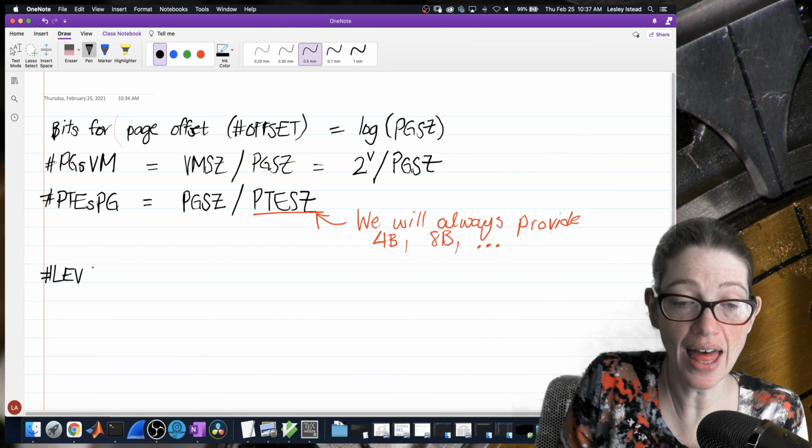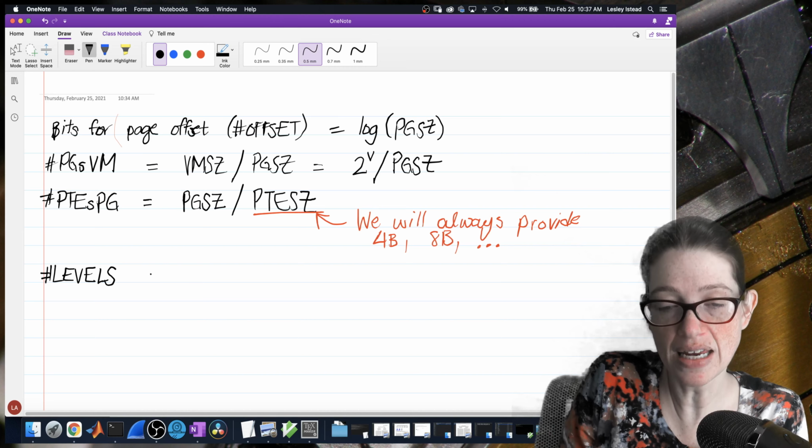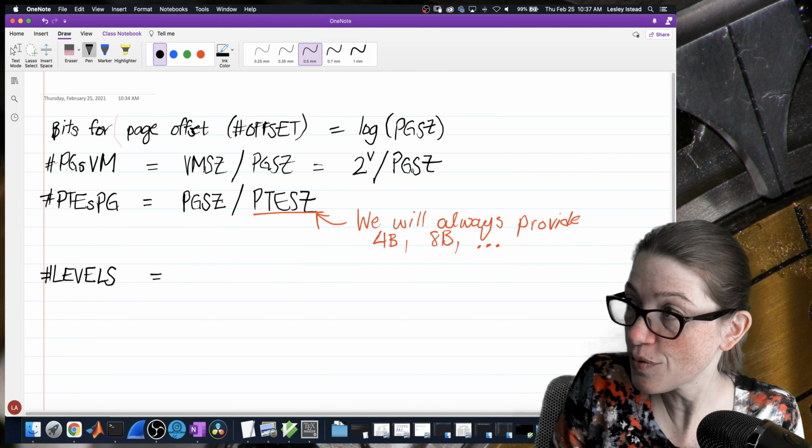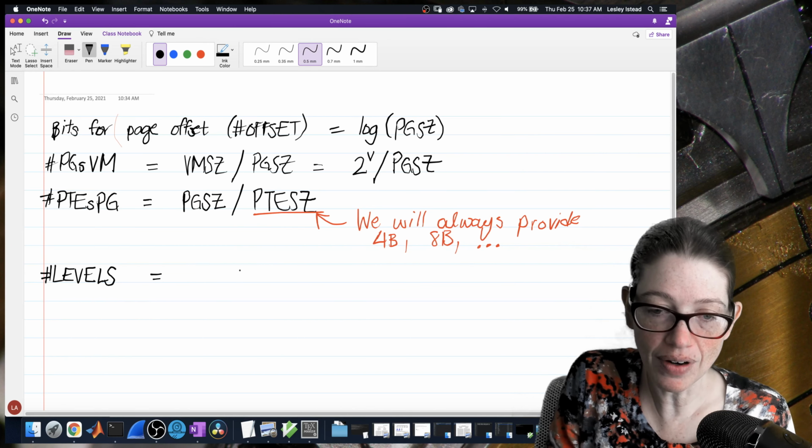So the number of levels we need. Now I'm going to write this formula a little bit weird. I'm going to write the inside, then I'm going to write the outside.